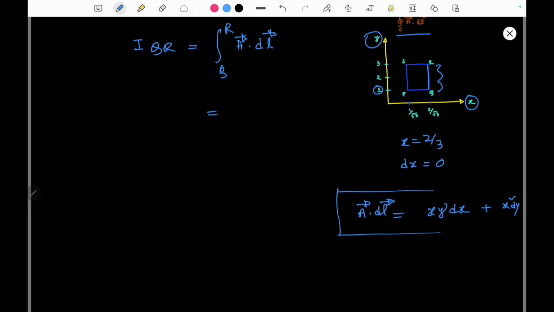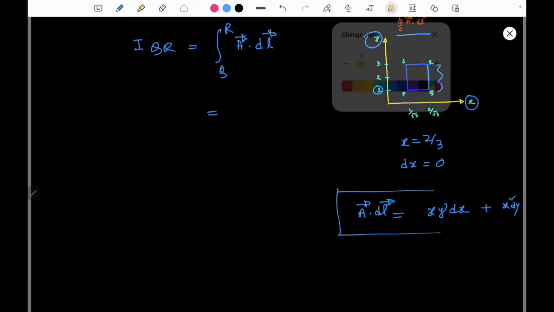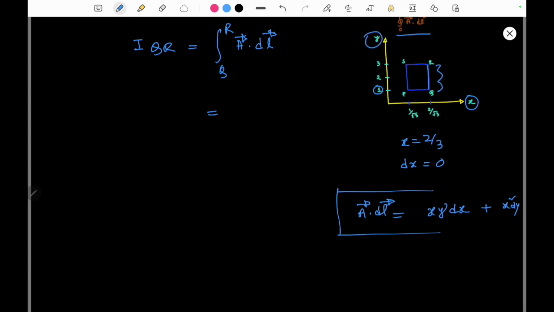Now here we are putting dx value 0 and x value 2 by root 3. So this term we can neglect and we can use only this term. Okay, so here x we are putting 2 by root 3 square, and dy integration will be from 1 to 3.